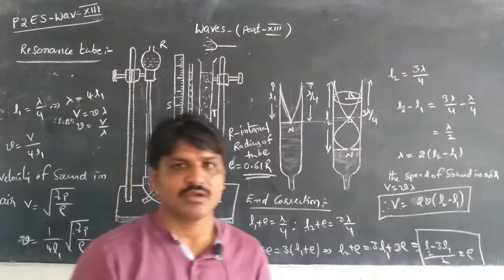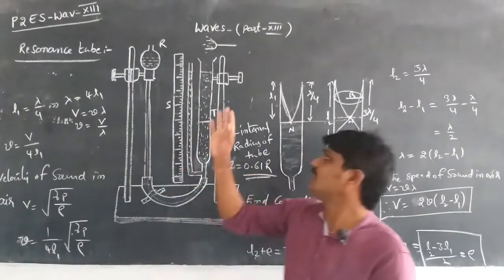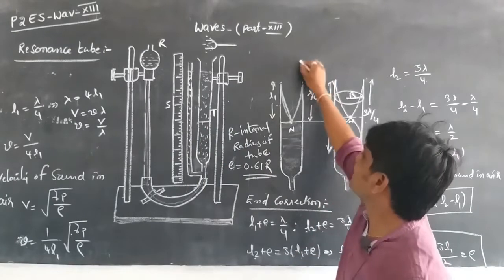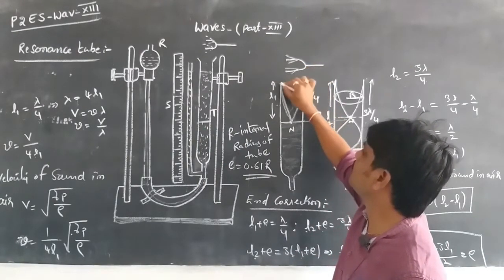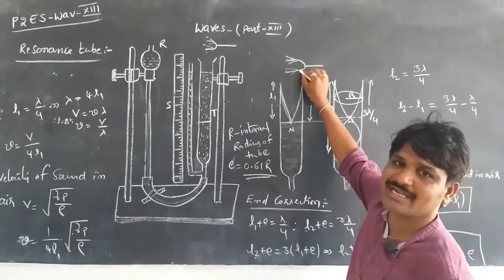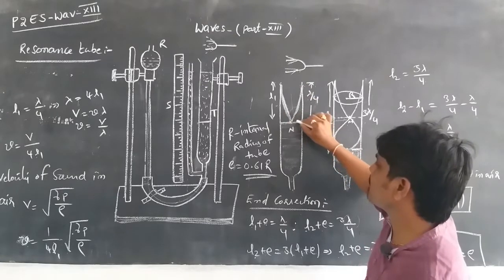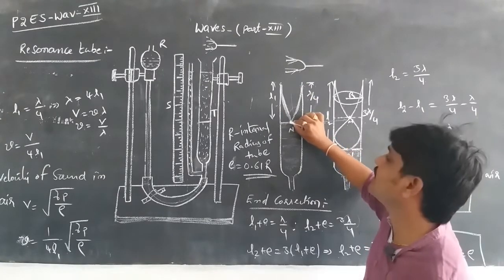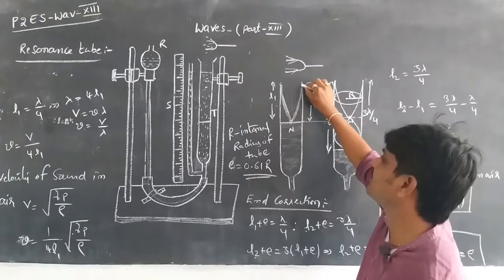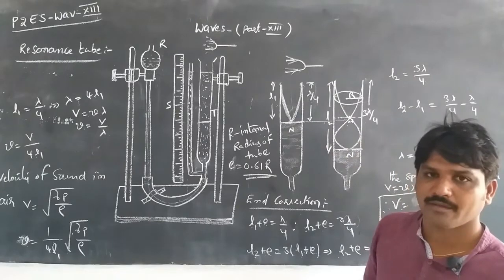When the tuning fork is taken to the mouth of the tube, the tuning fork creates vibrations that move into the air column. Due to reflection at the water level, a node is formed there, and the wave is reflected back, and at the open end an antinode is formed.